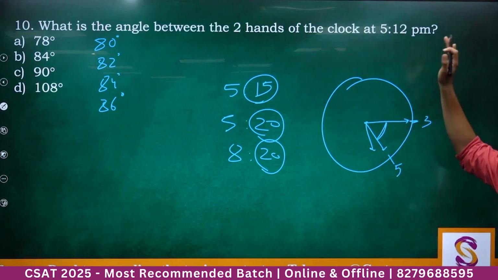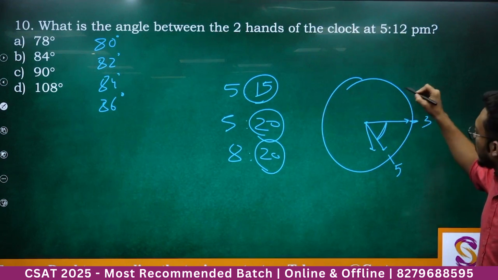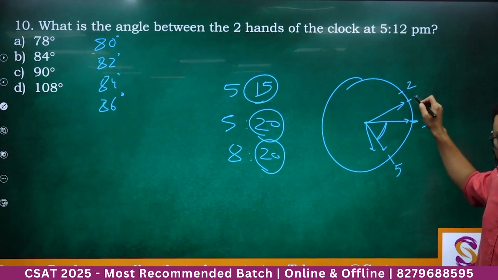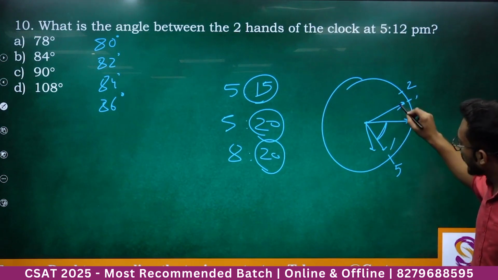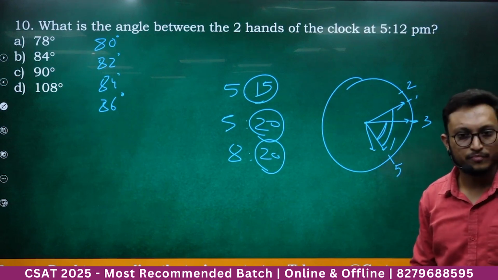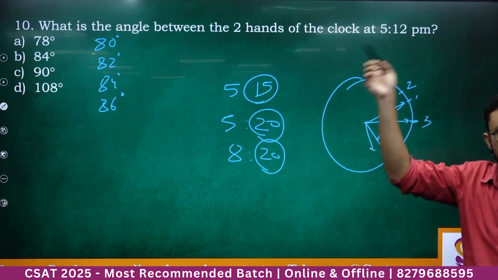But in this particular question this hand is not at any particular number. This is somewhere in the middle. It's 12, right? The time is 5:12. So now from here I cannot calculate this angle. If you are approaching it that way, I'll tell you how to approach, but I'm just showing you how it is different from the previous questions.